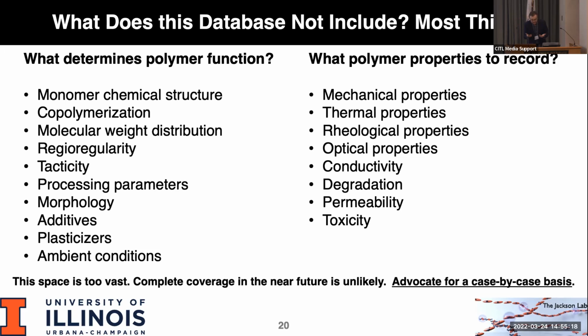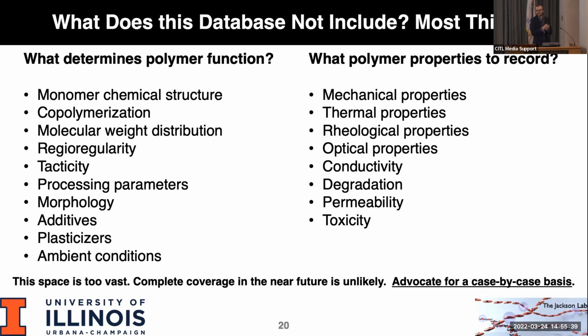So what we've advocated for is that the first thing you need is the chemistries to help the generative design process. Then you need to couple yourself with high-throughput experimentation to generate the data set for the specific application that you're interested in. So we advocate a case-by-case basis, because this space is exponentially too much.